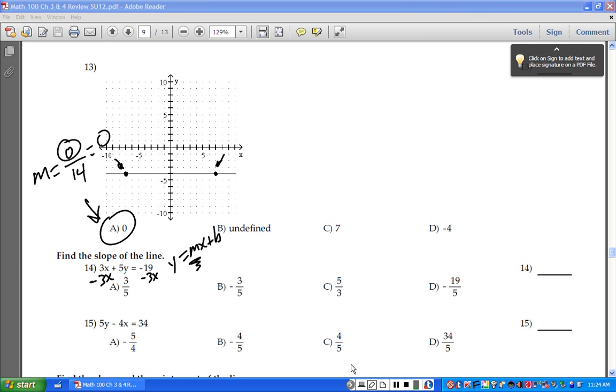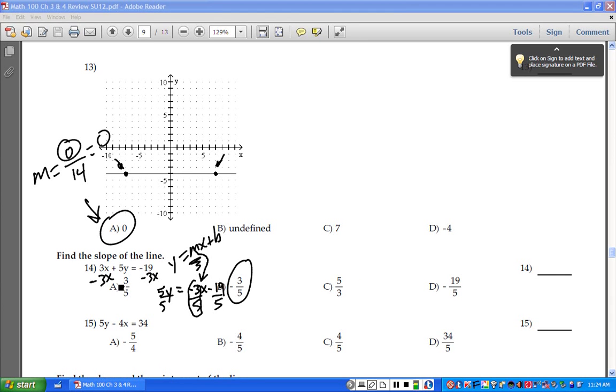So that would give me 5y equals negative 3x minus 19. Then to get y by itself, divide everything by 5. And so I see here my slope, my M, is negative 3/5. So the answer to number 14 is B, negative 3/5.